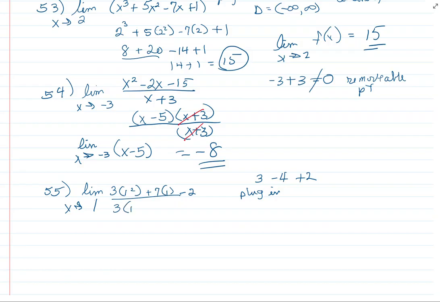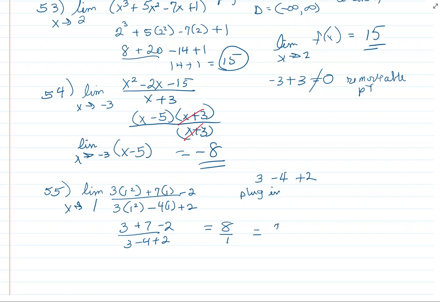So we're going to have the 3 plus the 7 minus the 2. That's 10, that's 8. And then I'm going to have the 3 minus the 4 plus 2, which is a 1. And that'll give me 8. Okay.